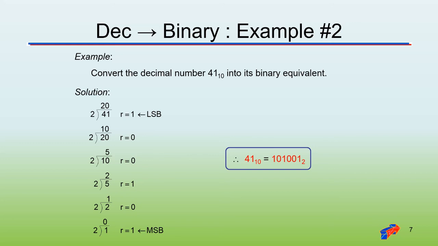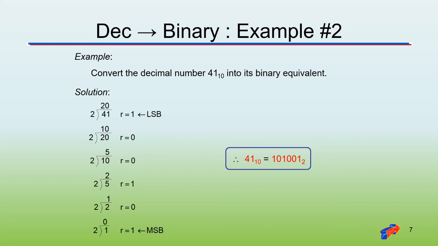Again, we divide 5 by the divisor 2. We will get 2 as quotient, 1 as remainder. Again, we divide the previous quotient, that is 2 divided by 2. We will get 1 as quotient, 0 as remainder. Again, we divide 1 by 2. We will get 0 as quotient, 1 as remainder.